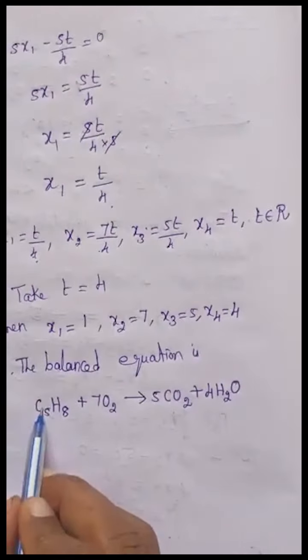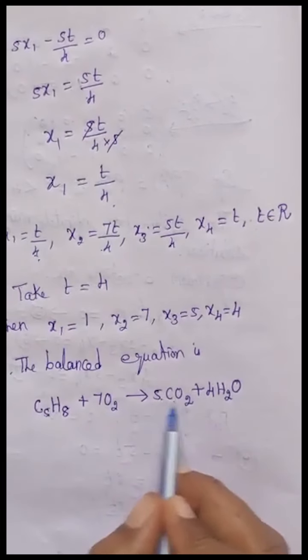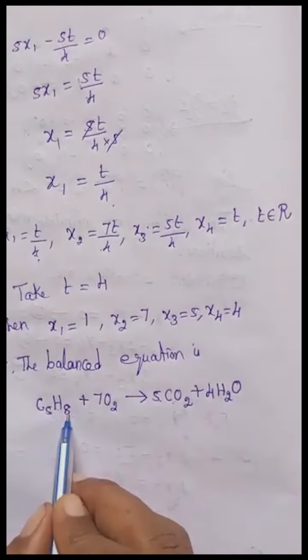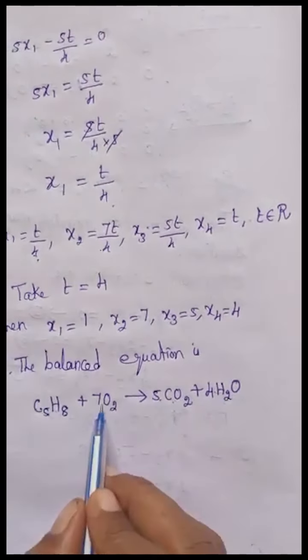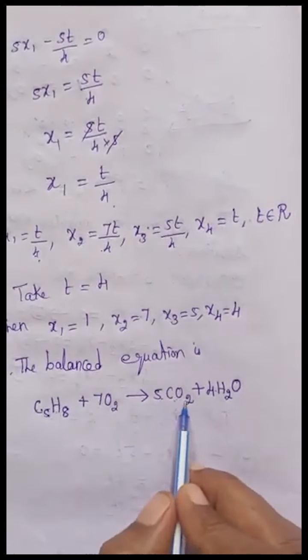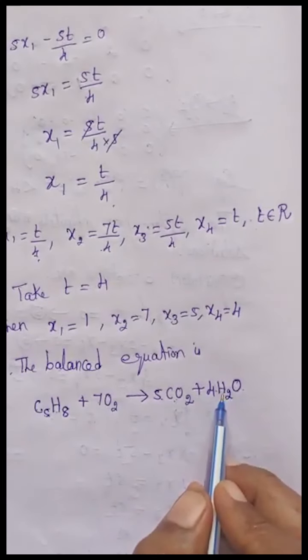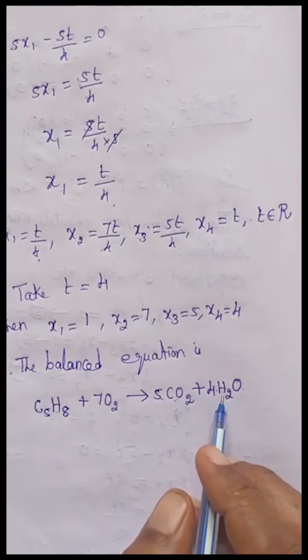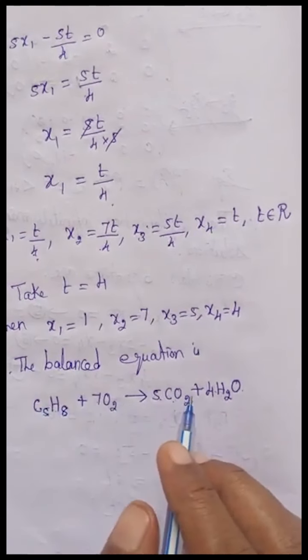Now you check it here, carbon atoms 5, here also 5 into 1 is 5. Now hydrogen, here we have 8, here you see 4 into 2, 8. Oxygen, 7 into 2, 14 on the left hand side. Here you see 5 into 2, 10, plus 4 into 1 is 4. 10 plus 4, 14. So it's understood. The given equation, we have got the answers correct.